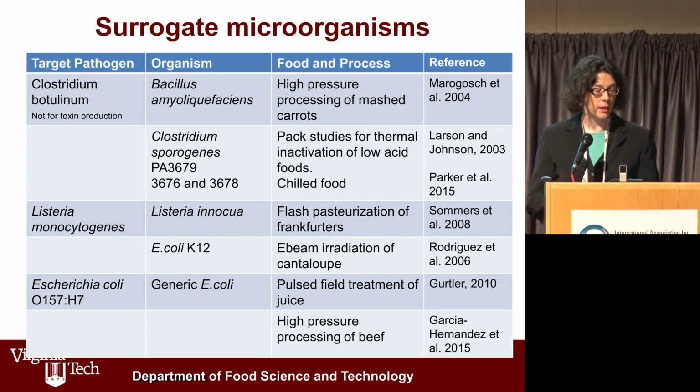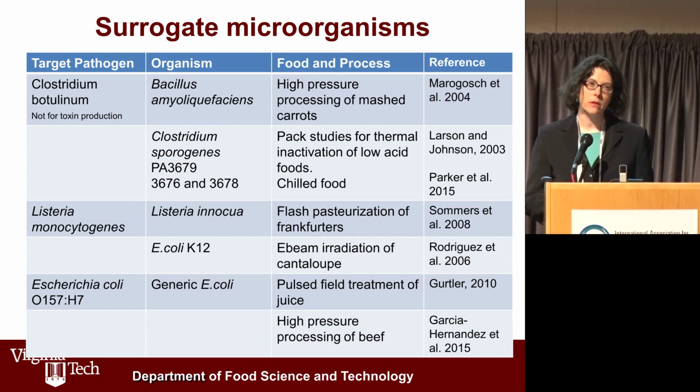For Listeria monocytogenes, Listeria innocua is a very popular strategy, and that's been validated for the post-package pasteurization of frankfurters. Also, E. coli K12 is a popular type of surrogate for monocytogenes. That's specifically with non-thermal processing, so looking at E-beam irradiation in cantaloupe that has been performed.